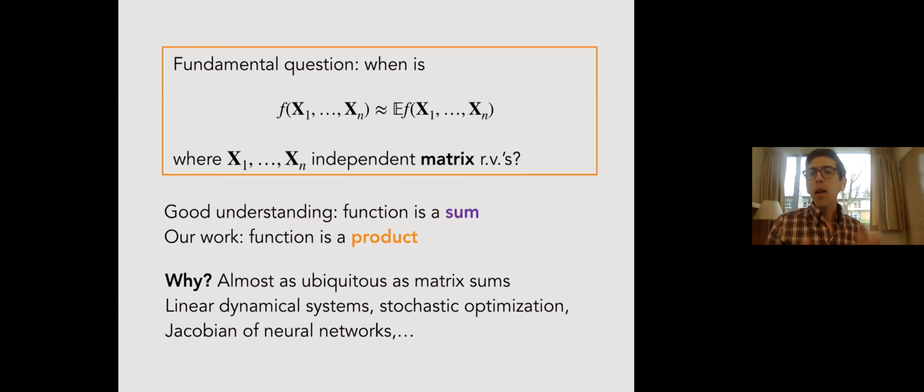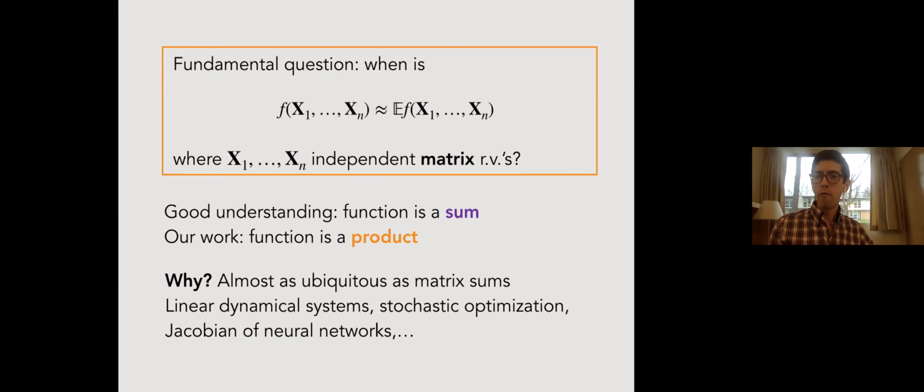So a product of matrices is like a composition of operators. So whenever you're trying to analyze something that comes from composing random operators together, you naturally get something that looks like a product of matrices. It turns out that random matrix products can be used to analyze linear dynamical systems. SGD, different types of stochastic optimization algorithms can be phrased in this way.